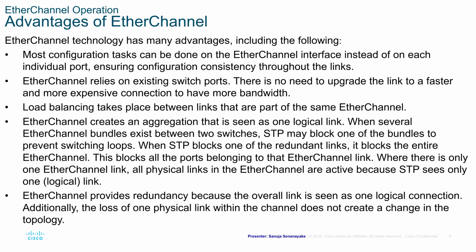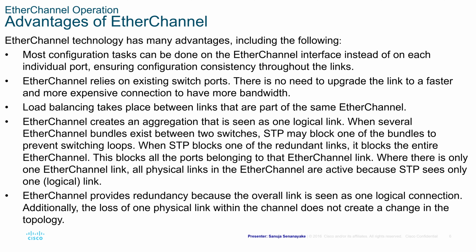EtherChannel relies on existing switch ports, so you don't need any specialized hardware in order to create those EtherChannels, and you don't need to upgrade the link to a faster or more expensive connection to increase bandwidth, because you are using these currently existing physical links and just combining them together to increase the bandwidth instead of buying or upgrading your physical network.